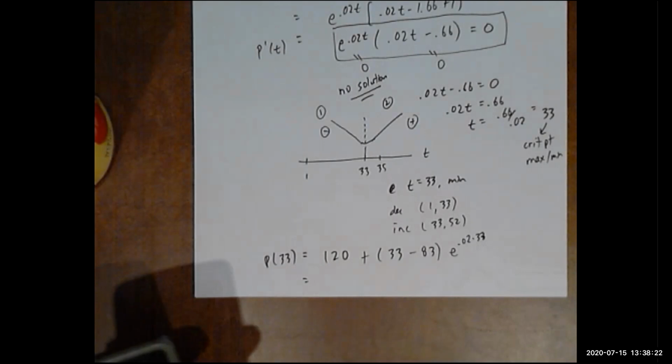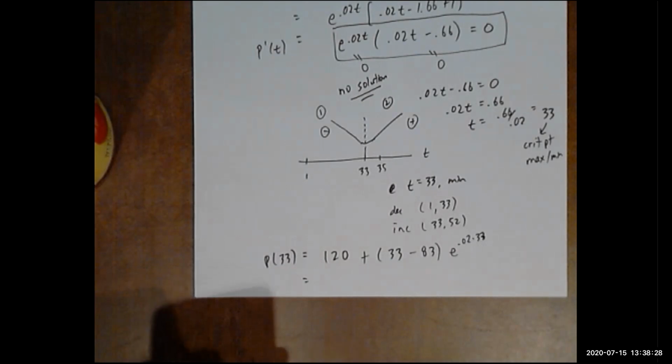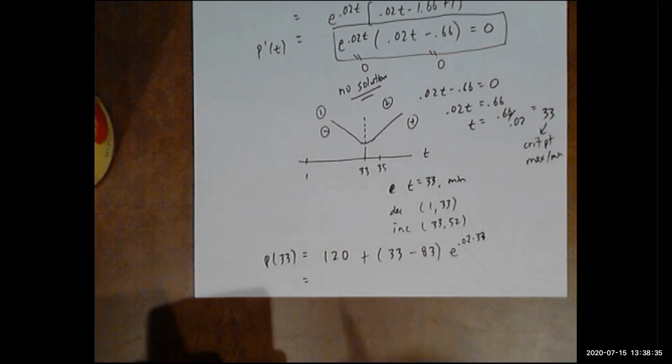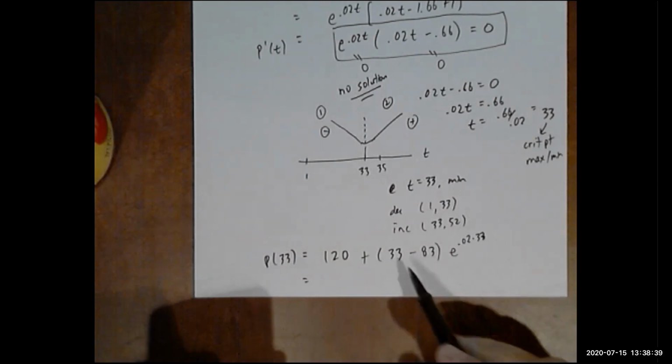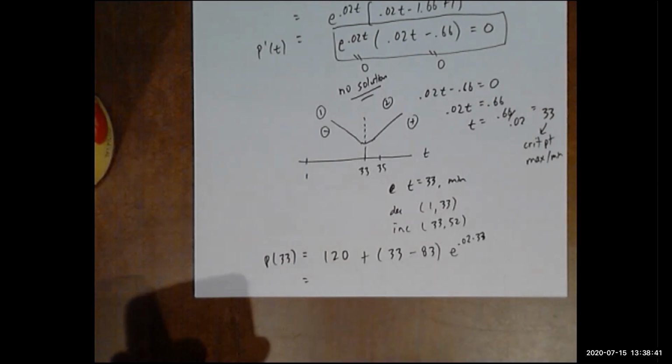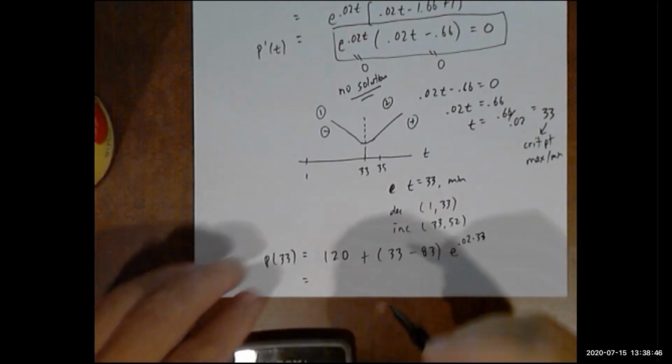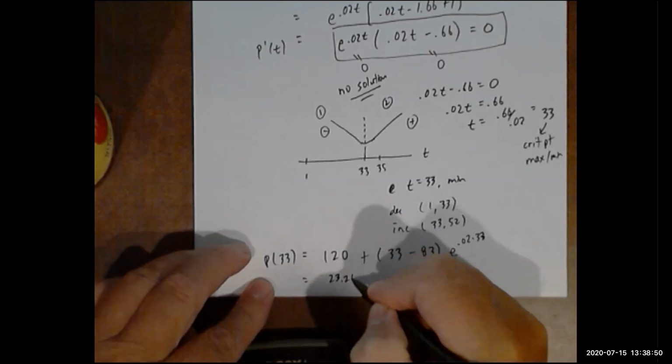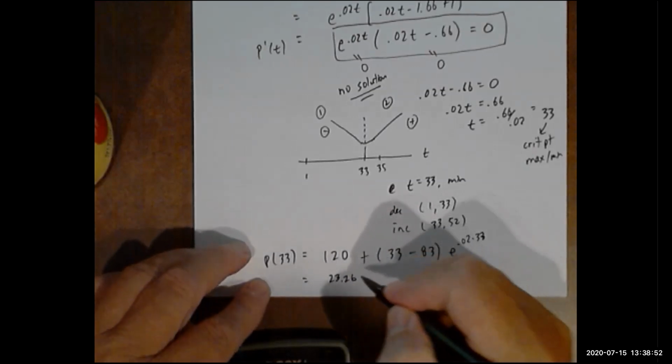Let's do this first, the exponential 0.02 times 33, and that becomes the exponent. I can see here this is minus 50, so I'm going to take this times minus 50. And then that plus 120. 23.26. I'll say 23.260.